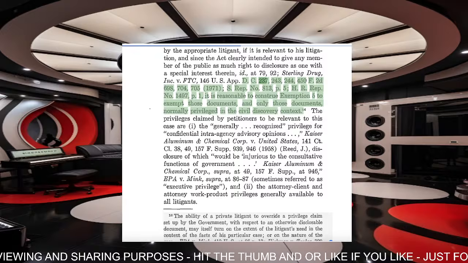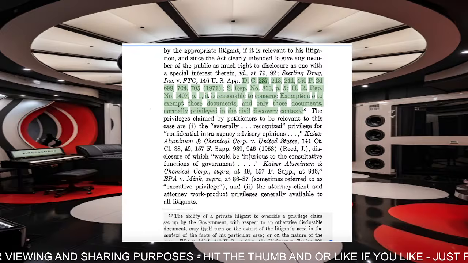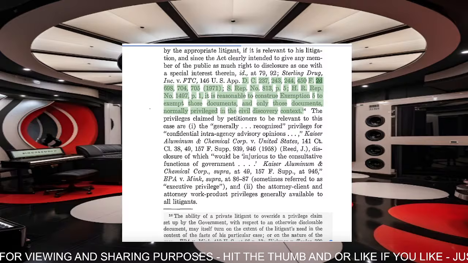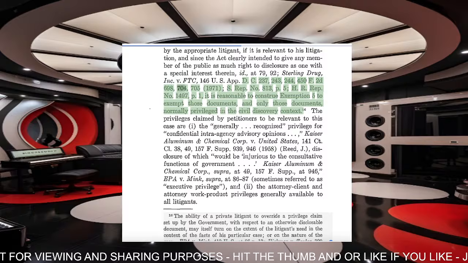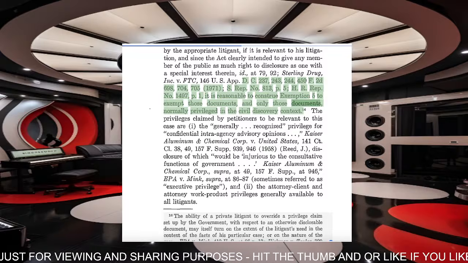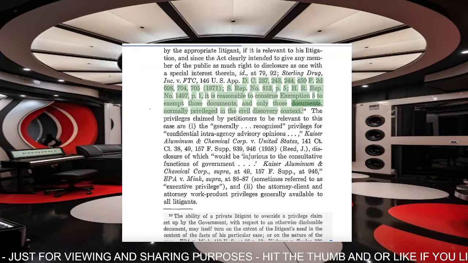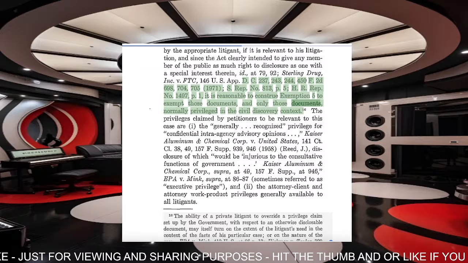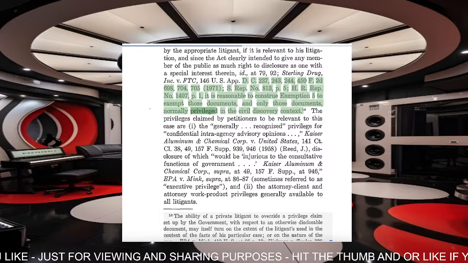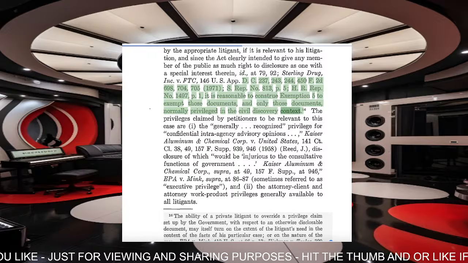D.C. 237, 243, 244, 450 F.2d 698, 704, 705, S. Rep. No. 813, page 5, H.R. Rep. No. 1497, page 1, it is reasonable to construe Exemption 5 to exempt those documents, and only those documents, normally privileged in the civil discovery context.